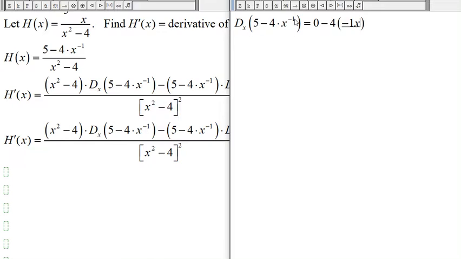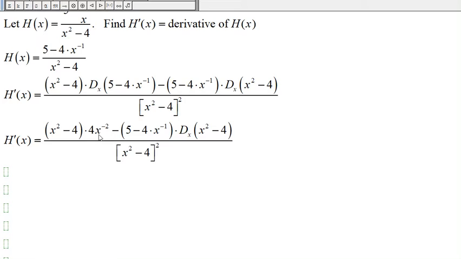So negative 1 minus 1 will be negative 2. And this is negative times negative, so we just get 4x to the negative 2. And so the derivative of 5 minus 4x to the negative 1 is 4x to the negative 2.